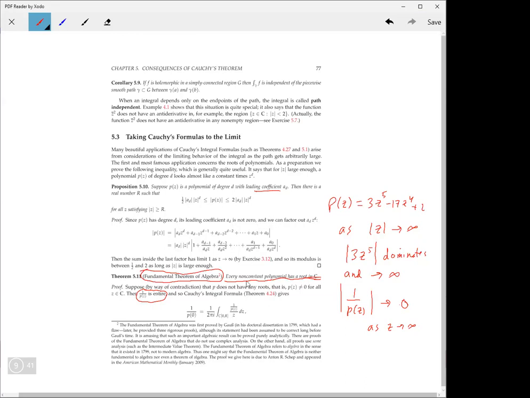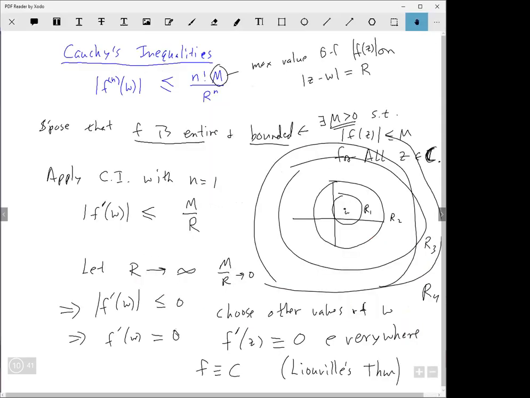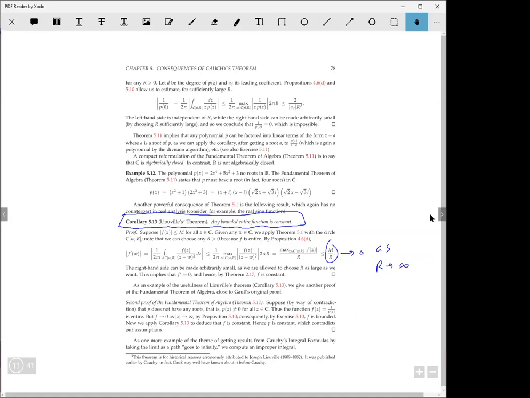So, it's basically saying, and then also if you have a, so the idea is this.